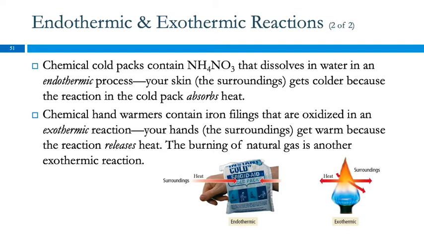Where does it go? It gets stored as chemical potential energy inside the products. So the products of that process are higher in internal energy than the reactants were. And they got that way by pulling heat energy in from the surroundings. It's awesome and mystifying at the same time.